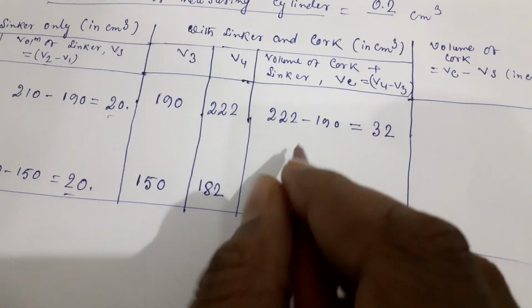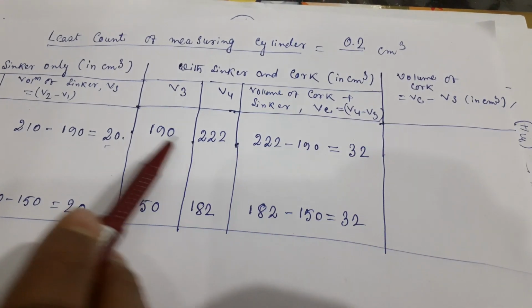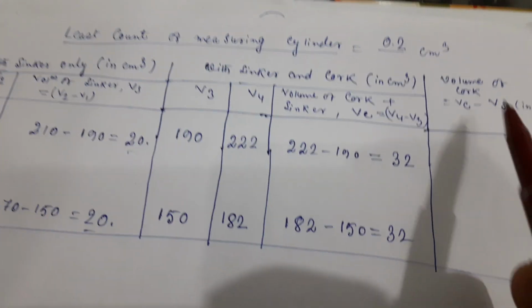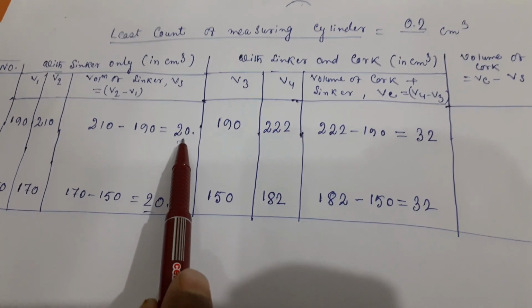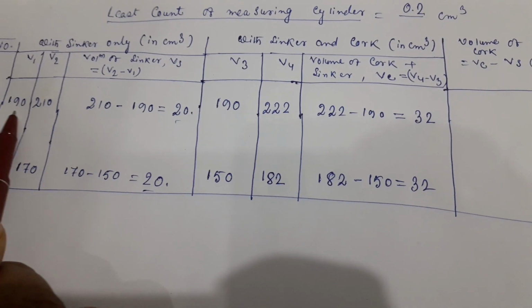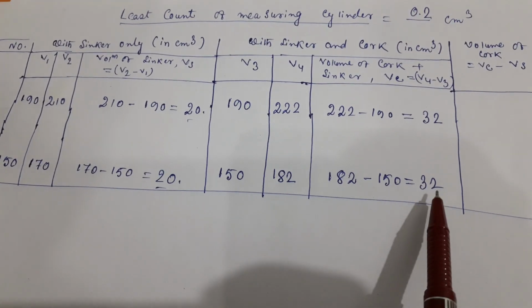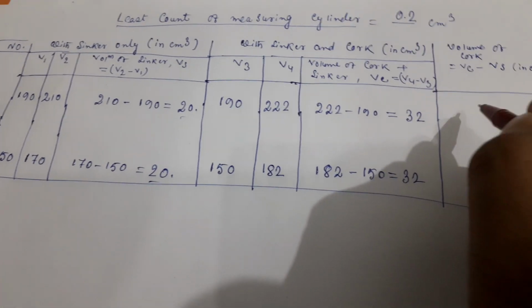So this is actually the volume of the cork plus sinker, VC. Now the volume of the sinker we have already calculated, VS. So VC minus VS, that means this one minus this one, for 190 to 210 from the first experiment: 32 minus 20 if you do here, then the same value will come.